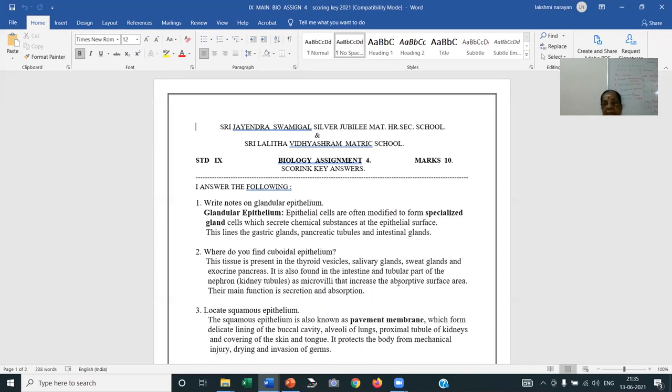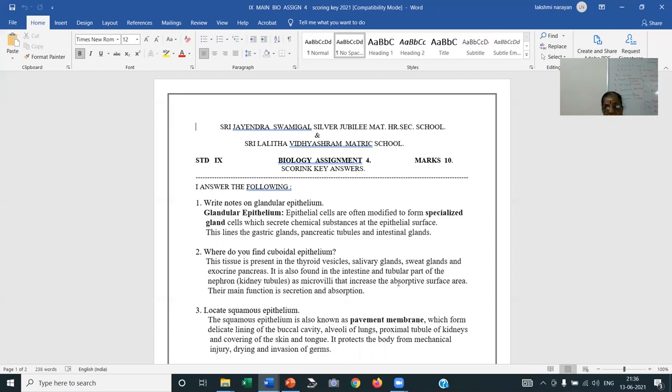So epithelium is of 5 types: squamous epithelium, cuboidal epithelium, columnar epithelium, ciliated epithelium, and glandular epithelium. Now these epithelia are present in all parts of the body.